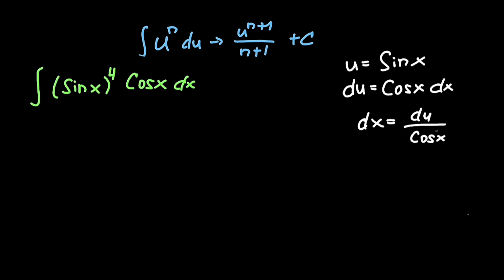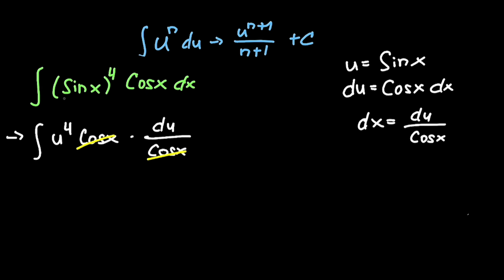So the function now would look like the integral of u raised to the power 4 multiplied by cosine of x multiplied by dx, which will be du over cosine of x. The cosine of x will cancel each other out. So you are left with the integral of u raised to the power 4 multiplied by du.